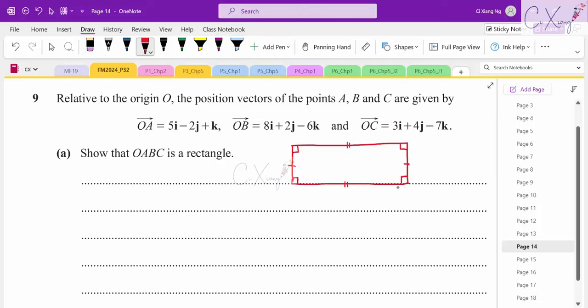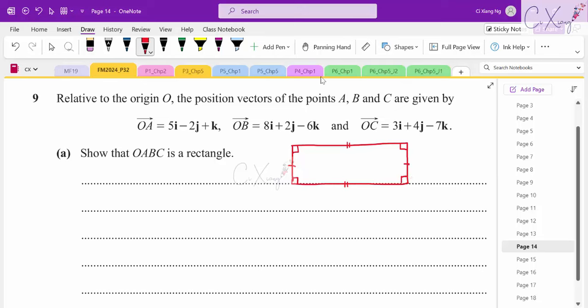Some students prefer to prove the same diagonals or the midpoint; it depends on how you want to prove it. But for me, I will use these two properties: the lengths are equal for the opposite sides, and the angle between the two sides is perpendicular.